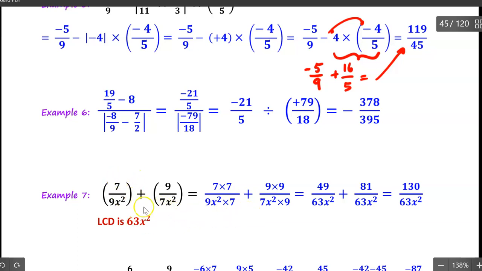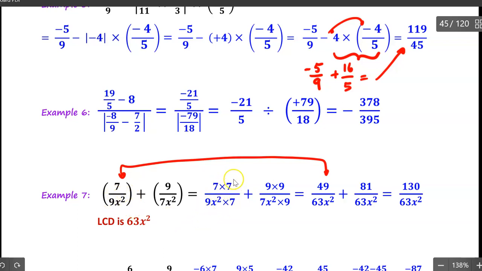You may want to compare this one with this one right here. I would like you to take a look: from 9x squared, you want to turn it into a common denominator of 63x squared. To get from 9x squared to 63x squared, you have to multiply 9 by 7. So here I put 9x squared times 7.